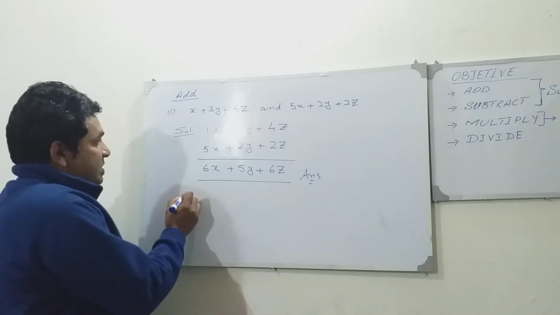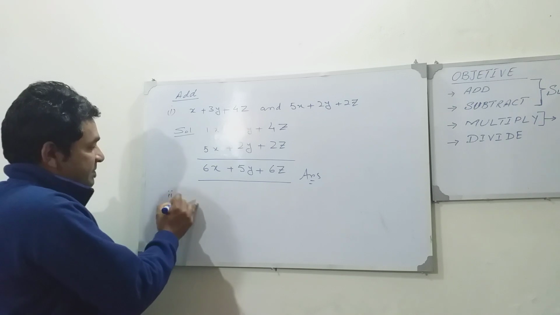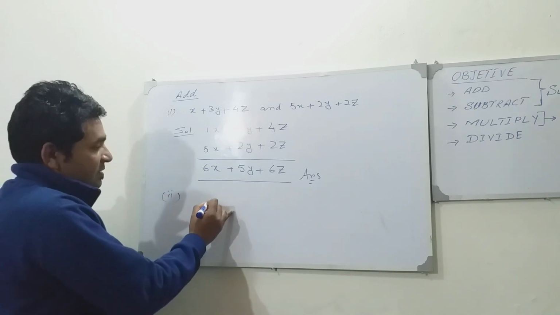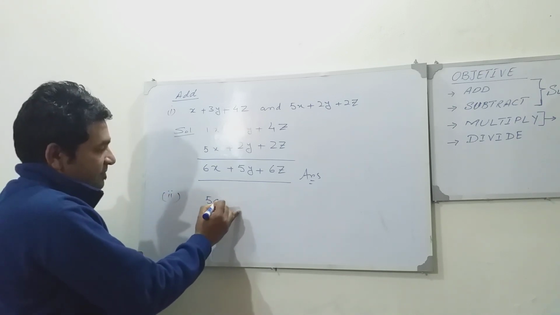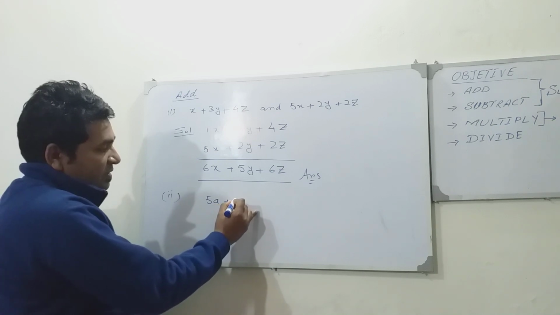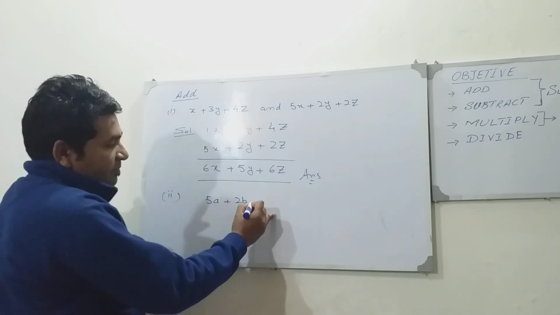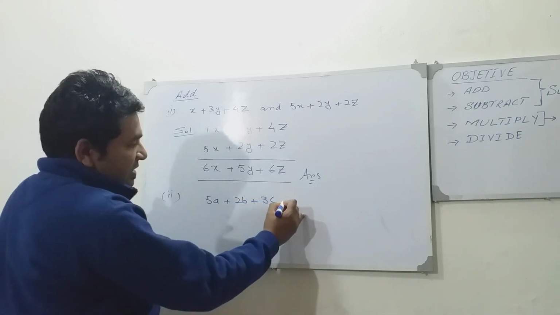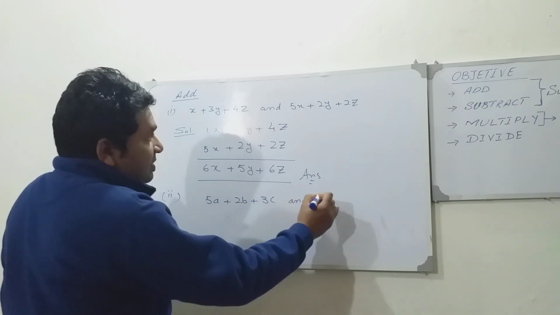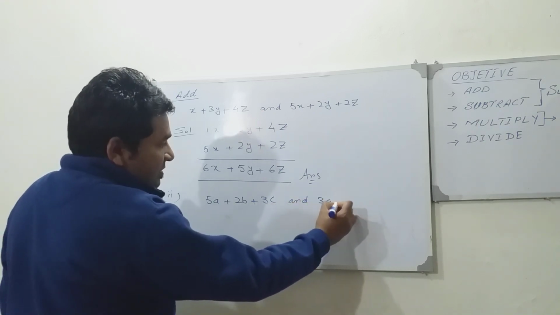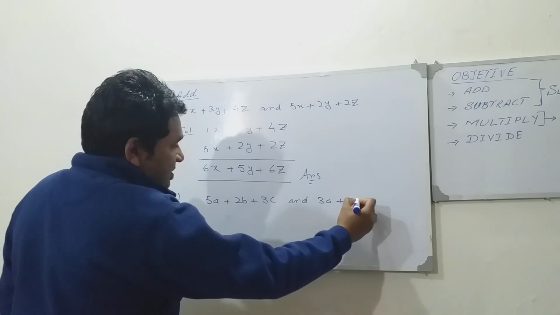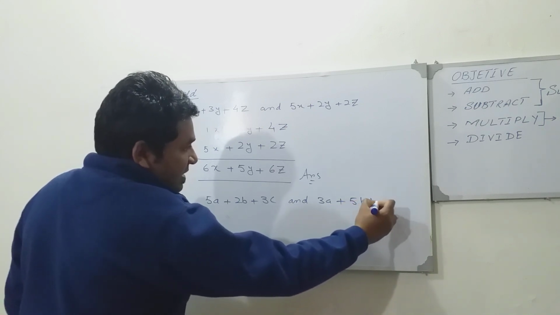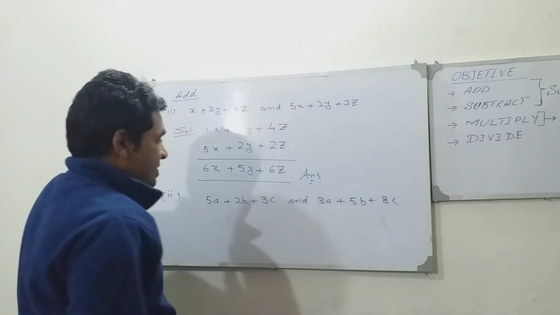Let's take a second example: 5a plus 2b plus 3c and 3a plus 5b plus 8c.